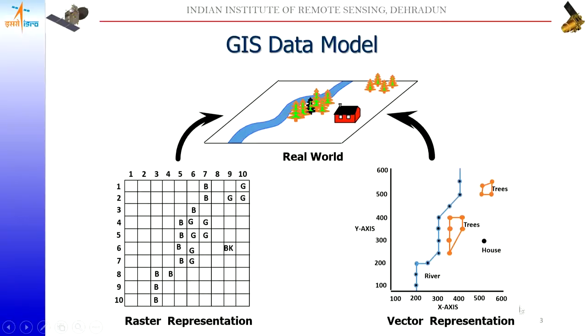Similarly, we can represent a house by a point along with its attributes, and we can represent this group of trees by a polygon. Polygon means a closed surface where the first point and last point are the same. Similarly, we can represent this group of trees on the top right corner by a polygon.